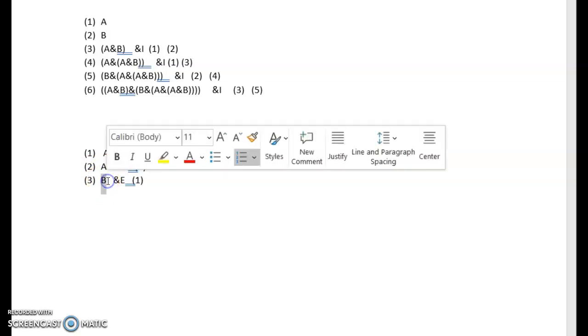Now I've got A, I can also get B, right? Now it's important to note that I used conjunction elimination here to get A and here to get B separately.